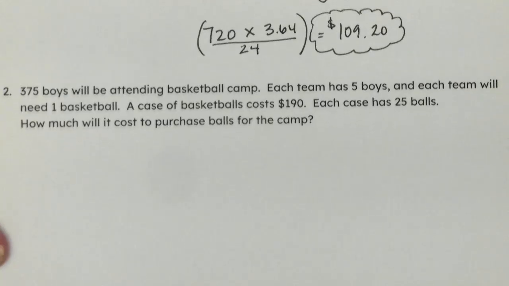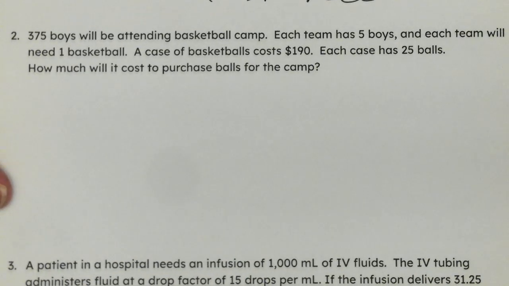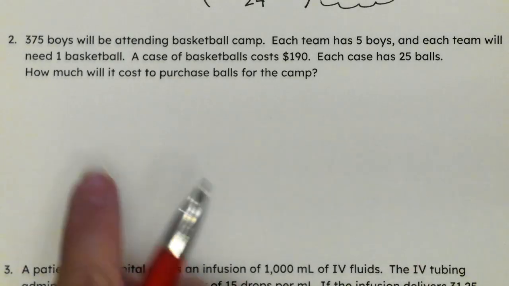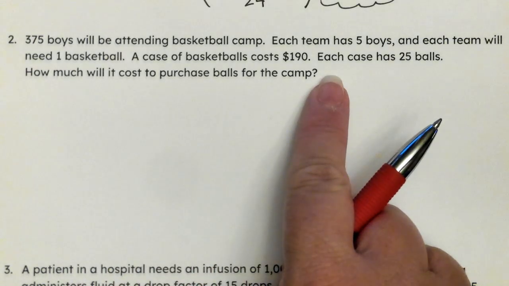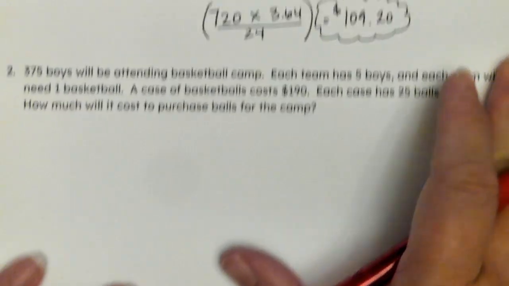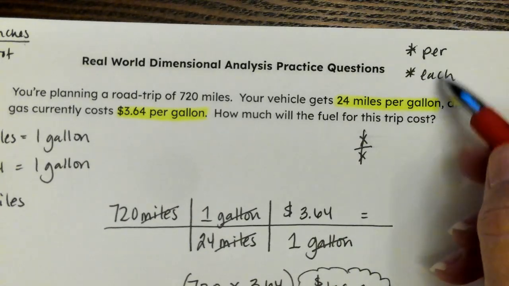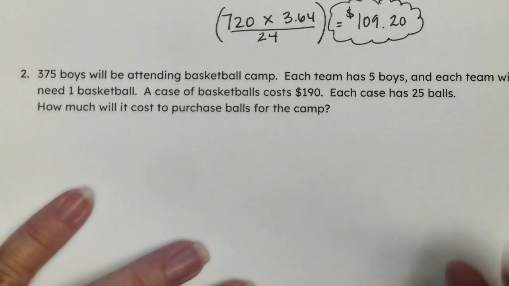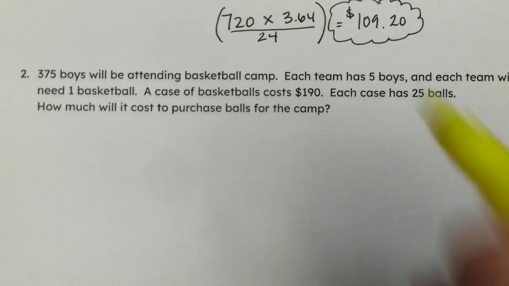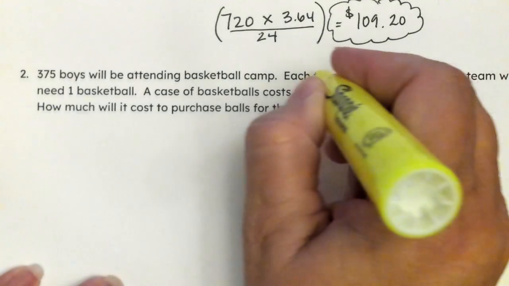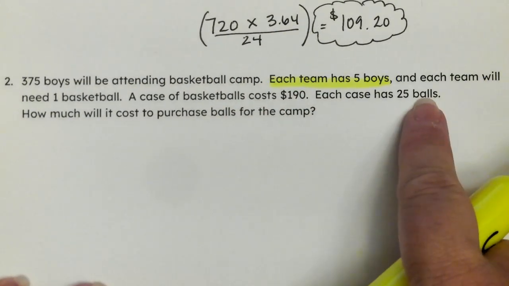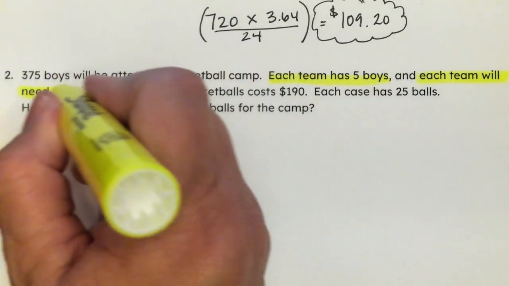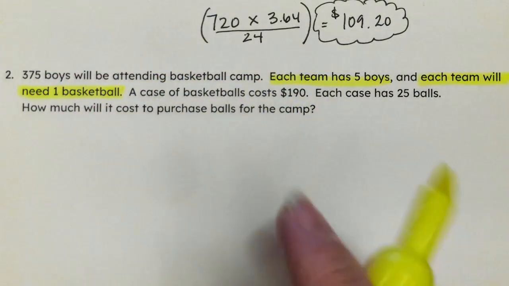Okay, this scenario, I've got that there are 375 boys that will be attending basketball camp. Each team, and we see the word each, that is one of our indicators. If you go back to the top of your notes, each and per are the things we're looking for. So each team has 5 boys. So I'll take my highlighter and highlight it. And each team will need 1 basketball. Another conversion factor.